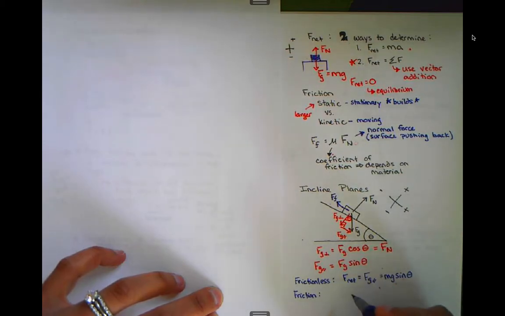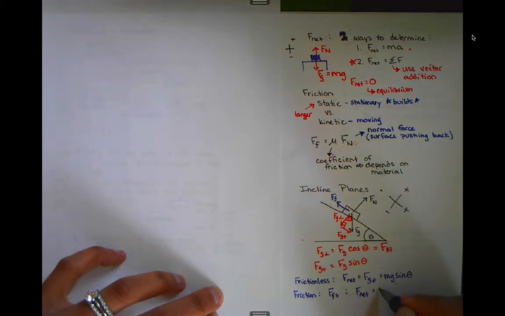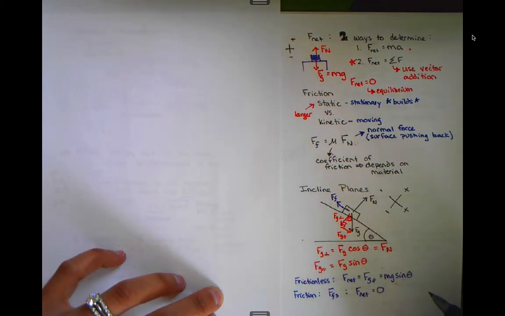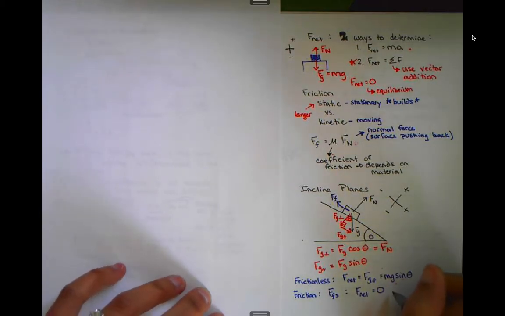So if it's moving, actually let's do static friction first. So if we're looking at the force of static friction, that means my net force will be equal to 0, right? If this is not moving, if it's stationary. So that tells me that force of friction static will equal Fg parallel.